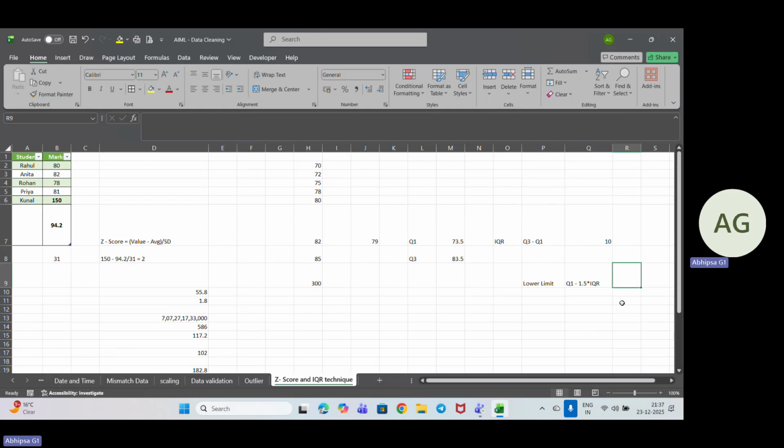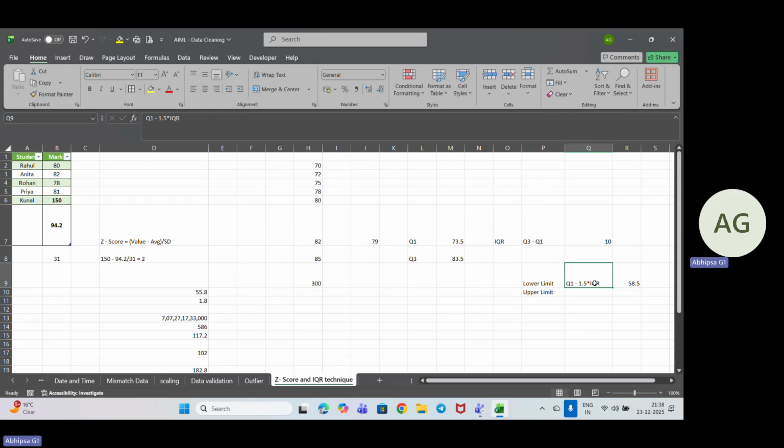Okay, so this will be 73.5 minus 1.5 into 10. So that is giving me 58.5. Okay, and upper limit, that is coming down to be 83.5 plus 1.5.